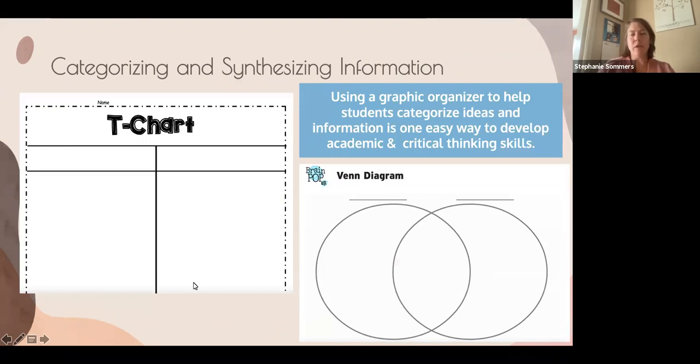Additionally, another type of really great graphic organizer for developing critical thinking skills is a Venn diagram for helping our students compare and contrast or take information from a text or from a chart or a graph and compare it using a Venn diagram. So these are some ways to practice categorizing and synthesizing.